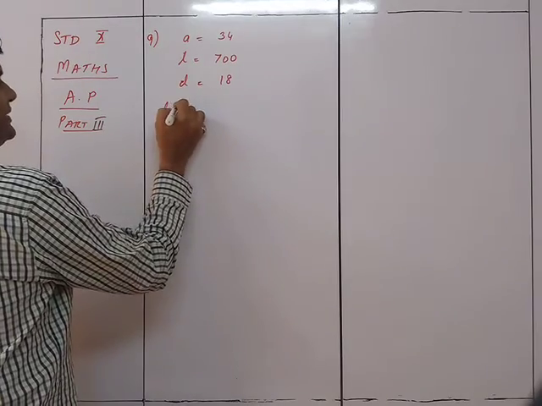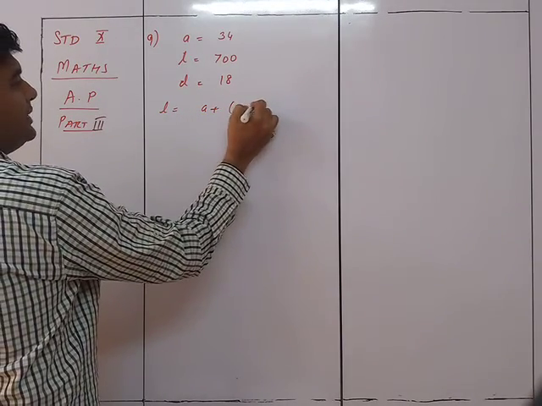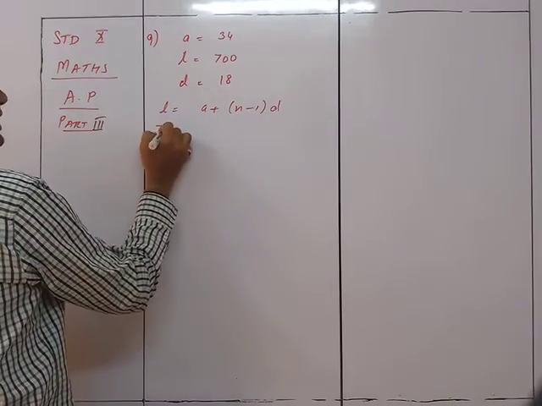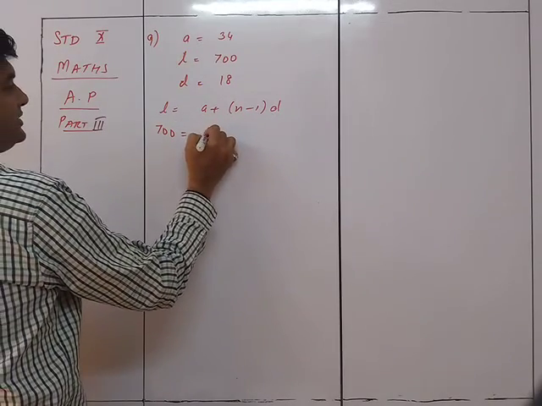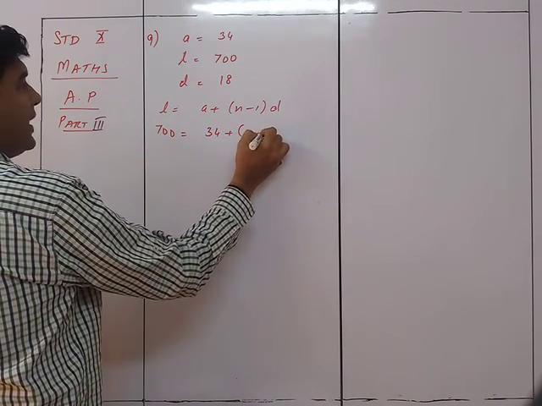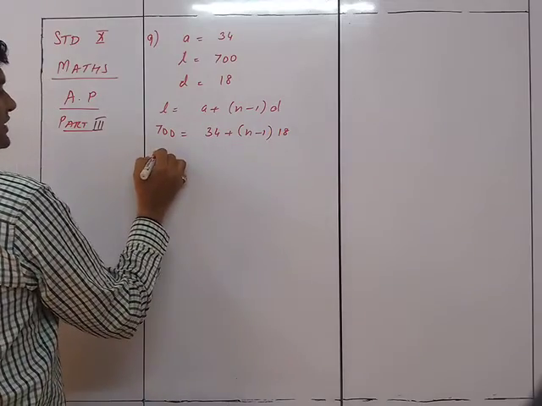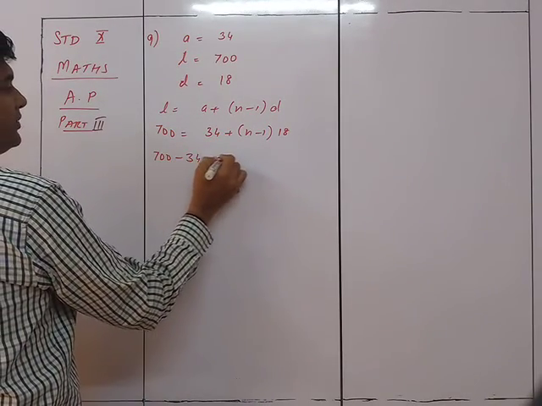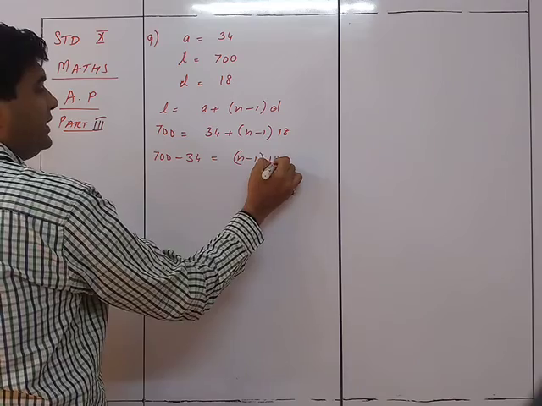So first, L is equal to A plus (N minus 1) into D. So 700 is equal to 34 plus (N minus 1) into 18. So 700 minus 34 is equal to (N minus 1) into 18.